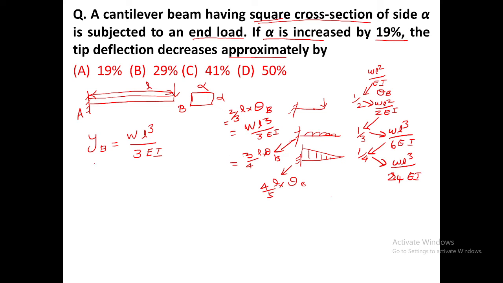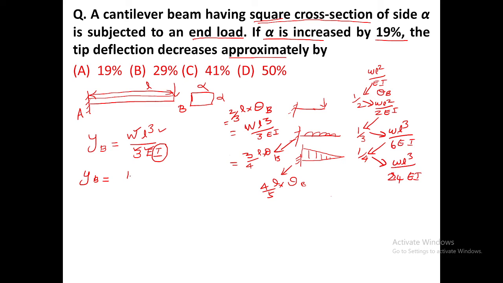So problem is alpha is increased by 19%. So this is a square cross section. So relationship is only I. Now this is constant, this is constant.